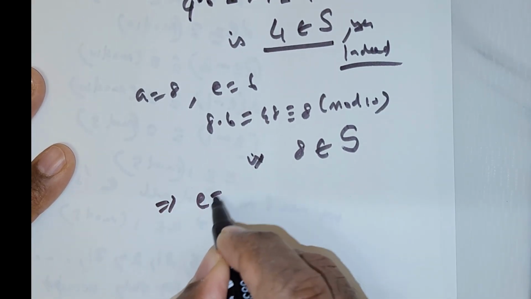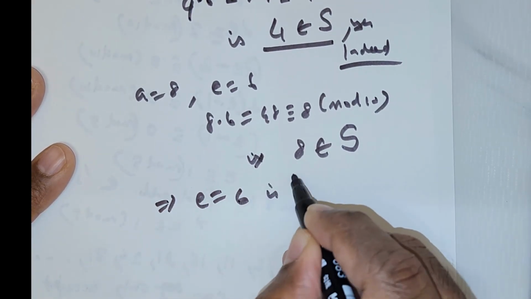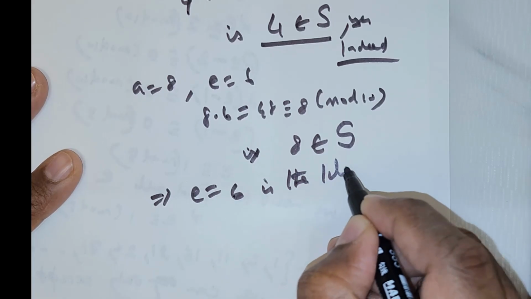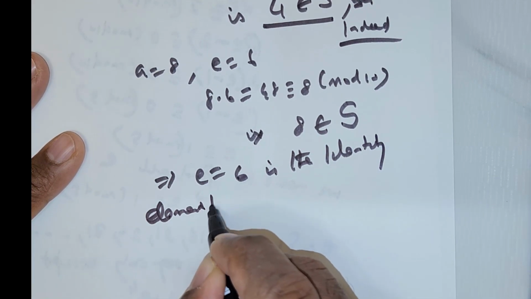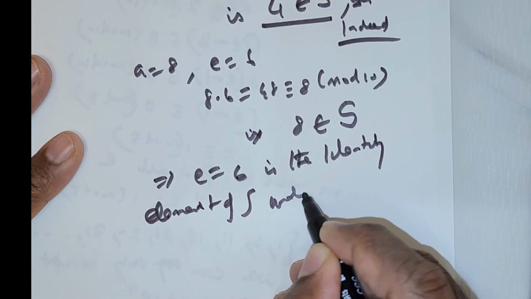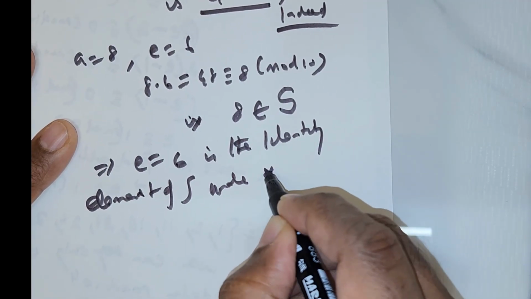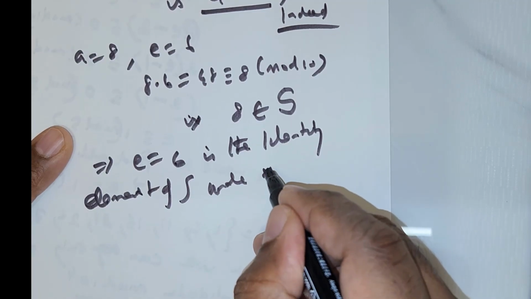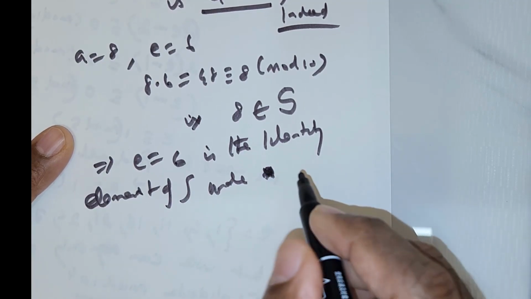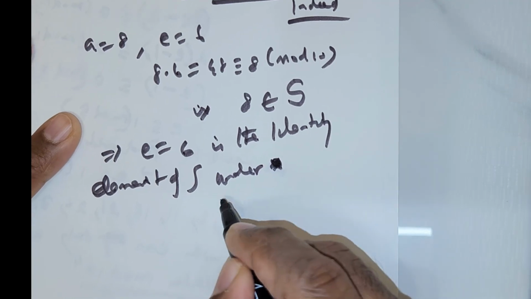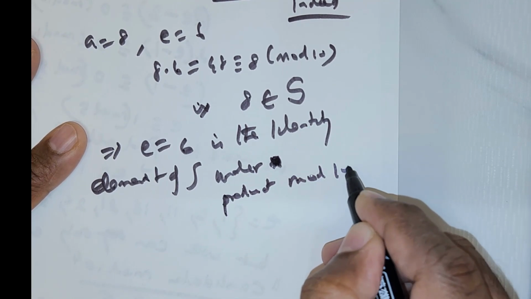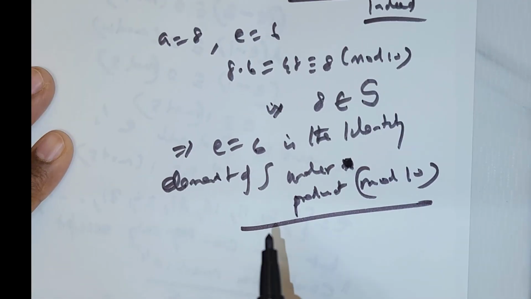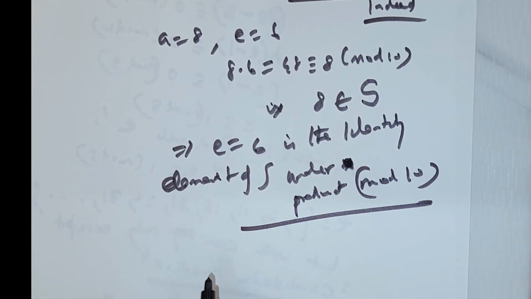So this means E equal to 6 is the identity element of S under multiplication operation, or under dot, because it is represented as dot. So probably I will just say under product mod 10.